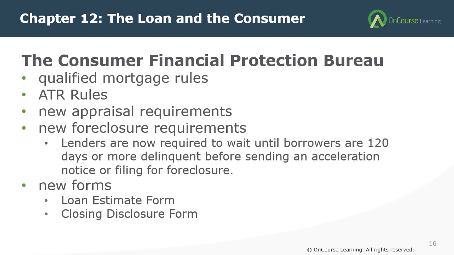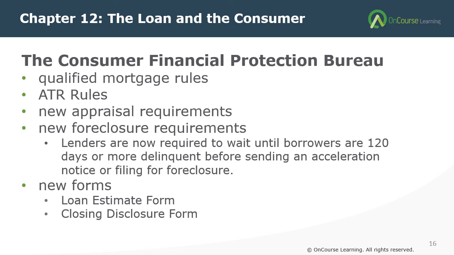The Consumer Financial Protection Bureau also put in play the ATR rules. That's the ability to repay. Does the borrower have the ability to repay the loan? Another measure that's used here is the debt to income ratio.